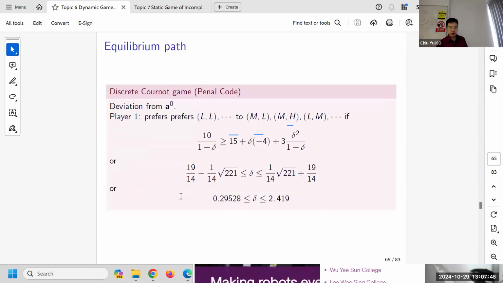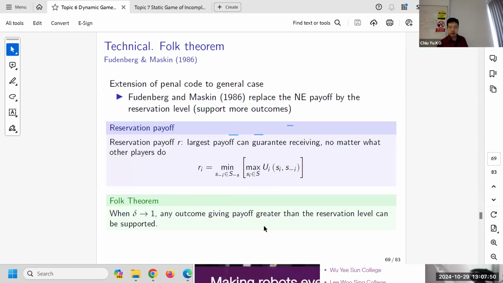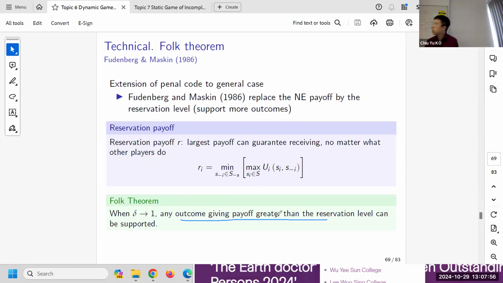Of course, this is a very technical result, but any payoff strictly greater than 0 is fine. So if it's 0.1, it will be supported. Any equilibrium outcome, as long as it is strictly more, if your delta is big enough, then it can be supported. So people will say it is a negative result, right?